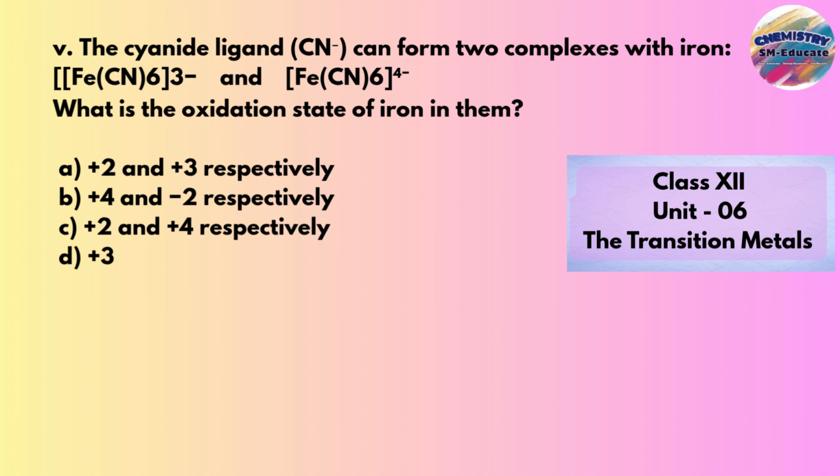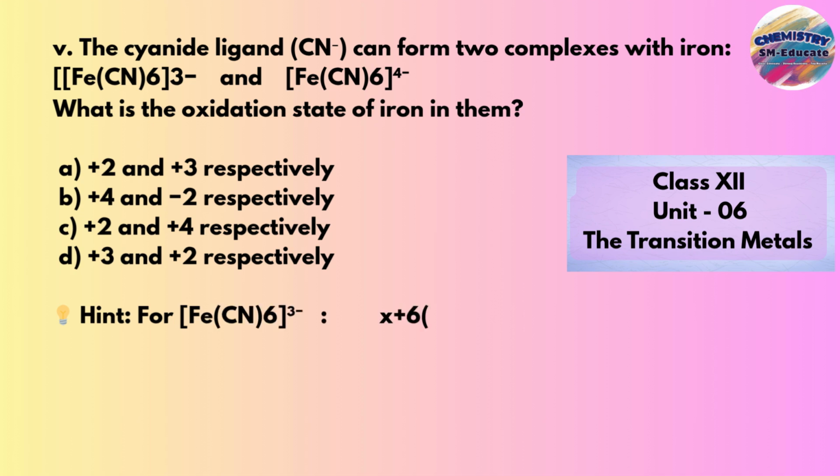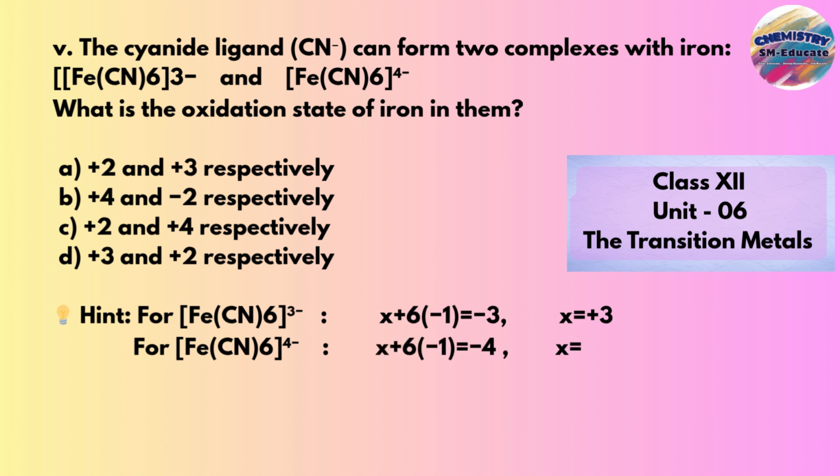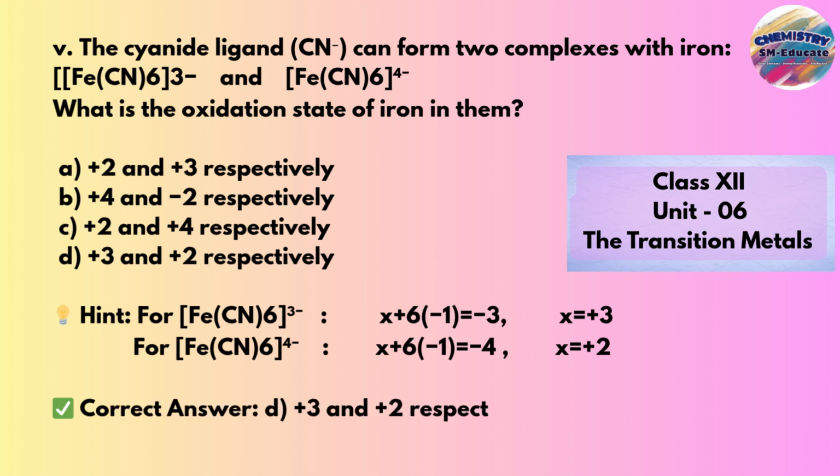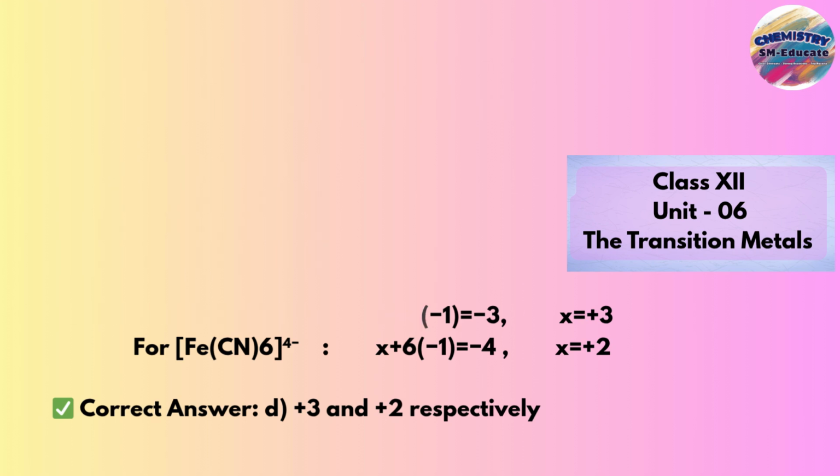C. +2 and +4 respectively. D. +3 and +2 respectively. Hint: For [Fe(CN)6]3-, it is +3. For [Fe(CN)6]4-, it is +2. Correct answer: D, +3 and +2 respectively.